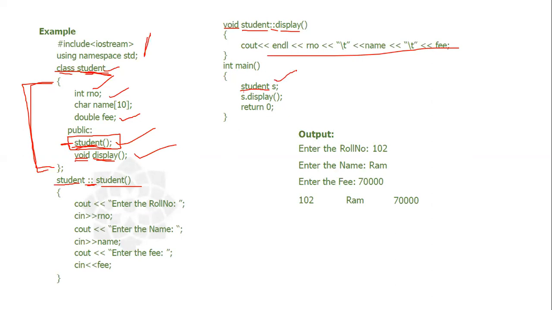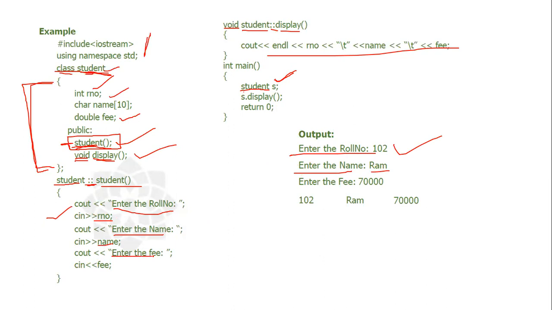You just remember, when you create an object, the constructor is automatically invoked. While creating the object, it goes to the constructor definition. The definition contains a prompt: enter the roll number. I have given 102, and 102 is assigned to roll number. Again, it asks enter the name, and for the name I have given ROM, and ROM is assigned to name.